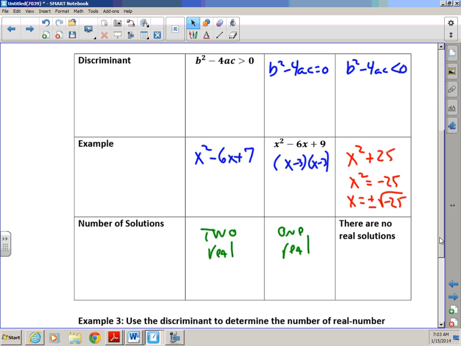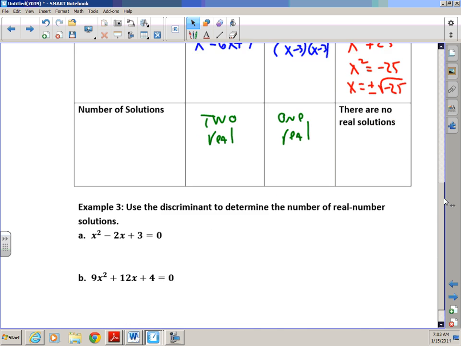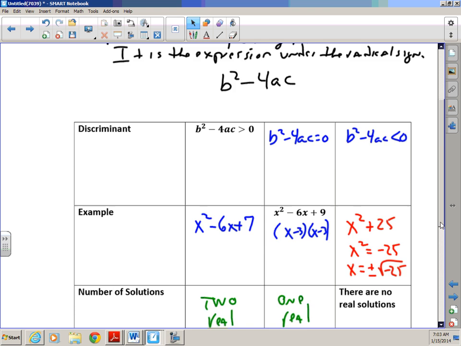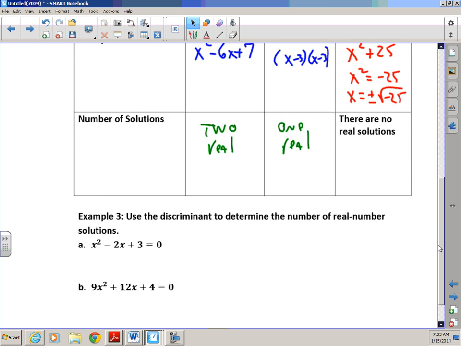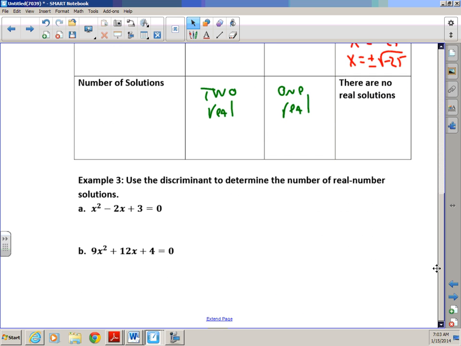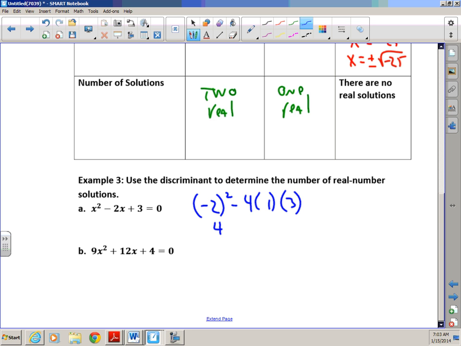Okay. So take a moment, and for the two quadratic equations at the bottom, tell me what number of real number solutions you are expecting. So my discriminant in the first one is b squared minus 4 times 1 times 3, which is 4 minus 12, which is negative 8.